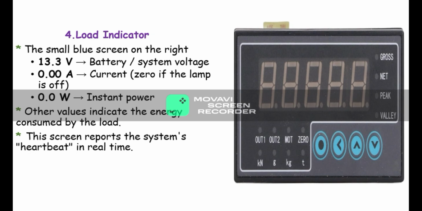If it's 0.00 amps, the current is 0 and the lamp is off. If it displays 0.0 watts, that means instant power. Other values indicate the energy consumed by the load. This screen reports the system's heartbeat in real time.